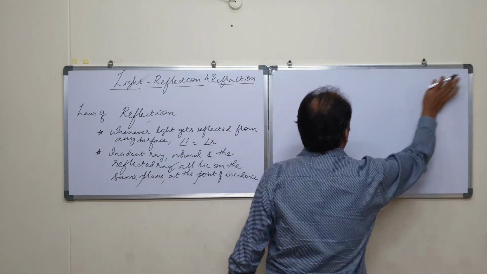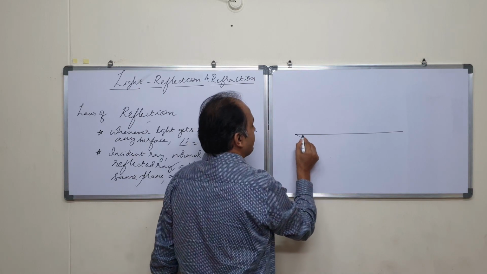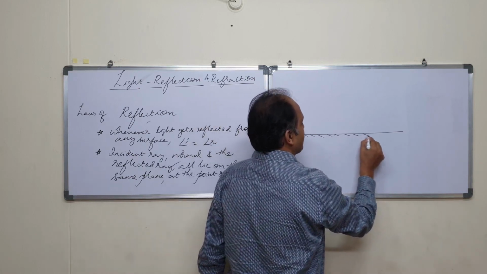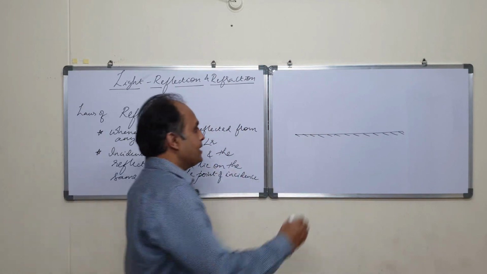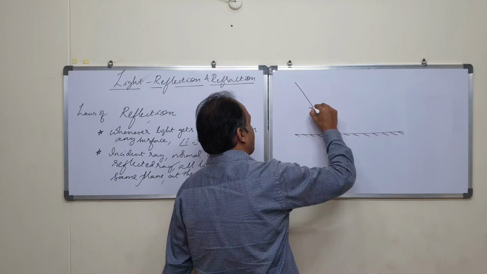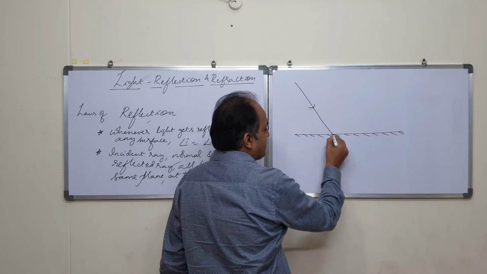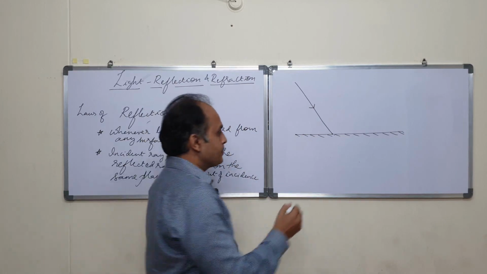Let us take as the reflecting surface, say, a mirror. This is how you show a plane mirror. This is our incident ray, the light ray which falls on the mirror, and this is the point of incidence, where the incident ray strikes the mirror.